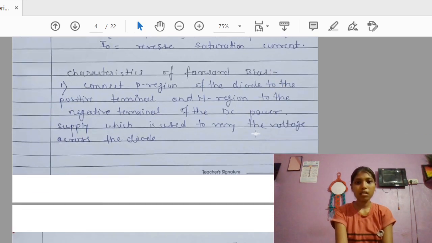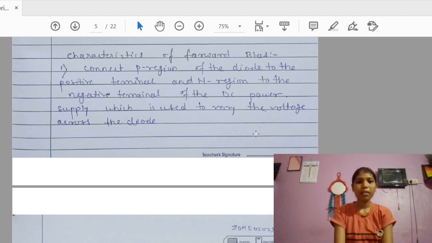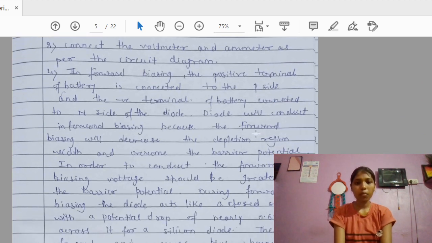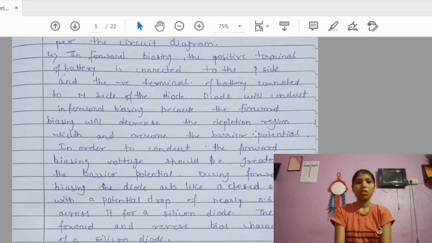These are some characteristics of forward bias. In forward biasing, the positive terminal of the battery is connected to the P side and the negative terminal of the battery is connected to the N side of the diode. The diode will conduct in forward biasing because forward biasing decreases the depletion region and overcomes the barrier potential.